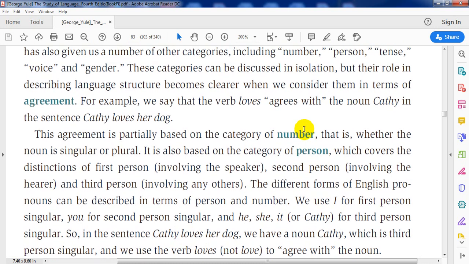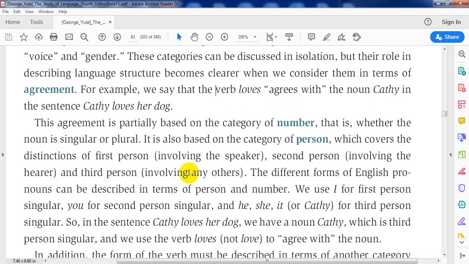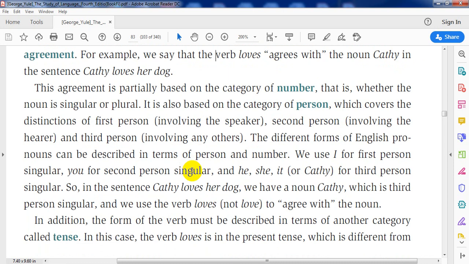This is person. The third item is the tense. We have tenses in English. The present tense is different from the past tense as well as the future tense. For every tense we have a certain structure in which the parts of speech are connected.